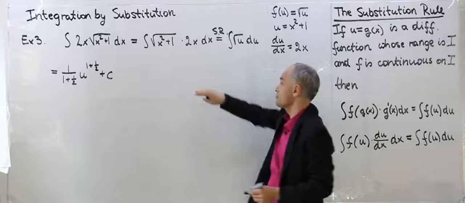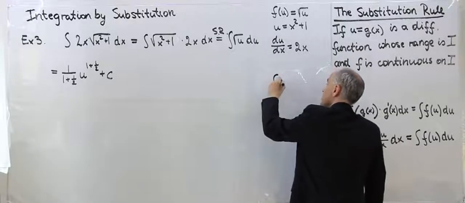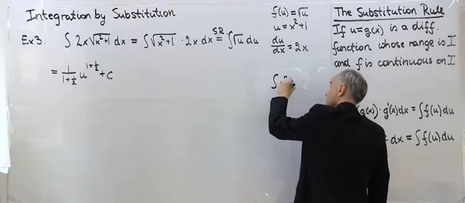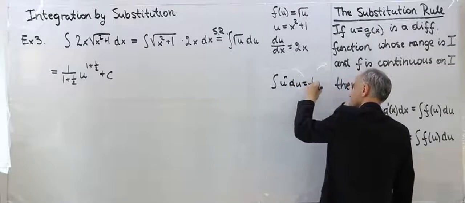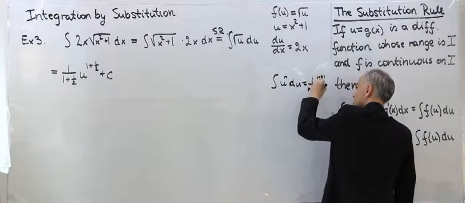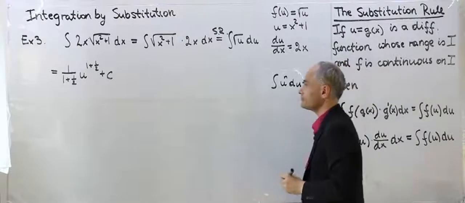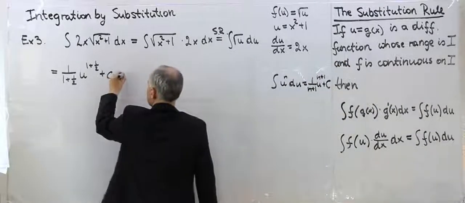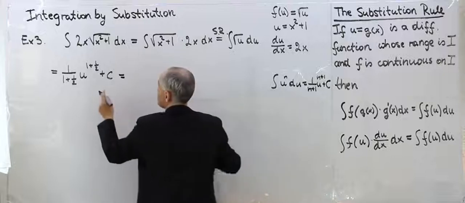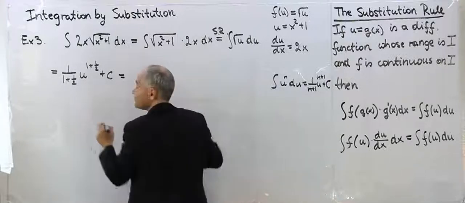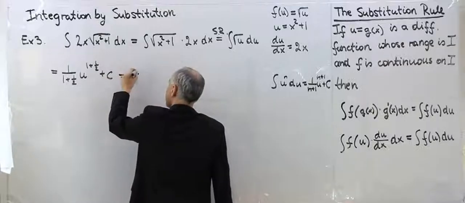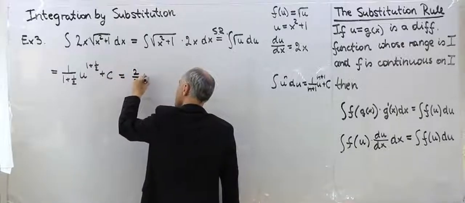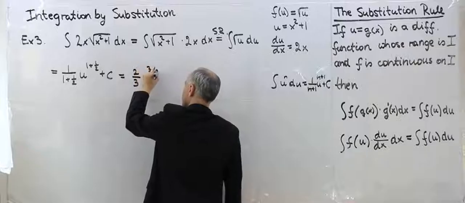Remember how I got this formula? In general, the integral of u to the power n du is equal to 1 over n plus 1 u to the power n plus 1 plus c. Here n is equal to 1/2, right? Okay, so we get 2/3 u to the power 3/2 plus c.